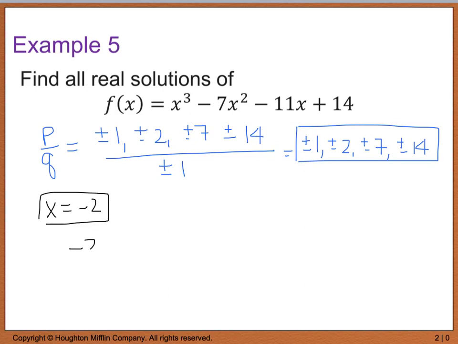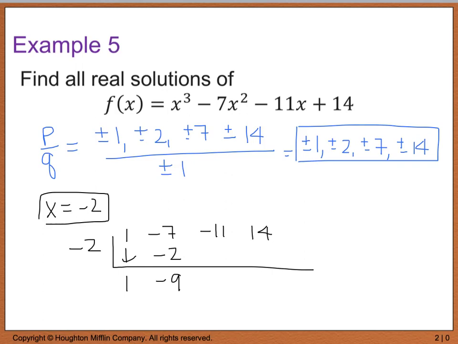So now if I use my synthetic division, I end up with 1, negative 7, negative 11, and 14. Negative 2 times, bring that 1 down. That's going to give us negative 2, negative 9, 18, 7, negative 14, and 0.